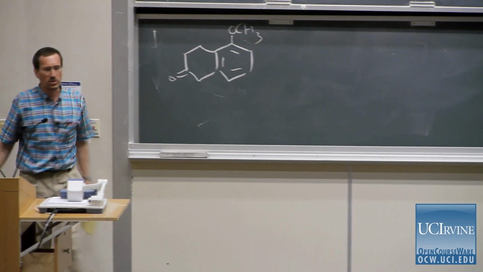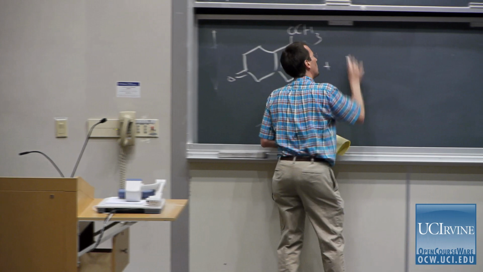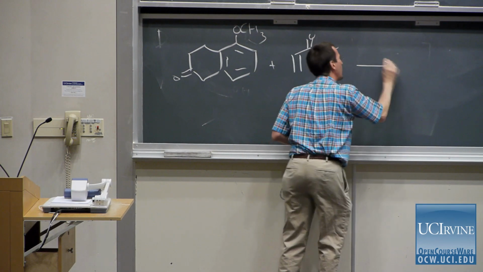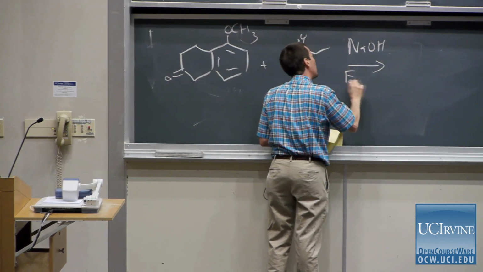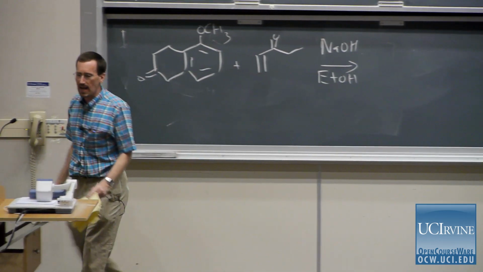To run the reaction in the forward sense, we take our ketone plus our enone and we mix them together with some base. I'm taking a real example from a real experiment. The authors used sodium hydroxide and ethanol.